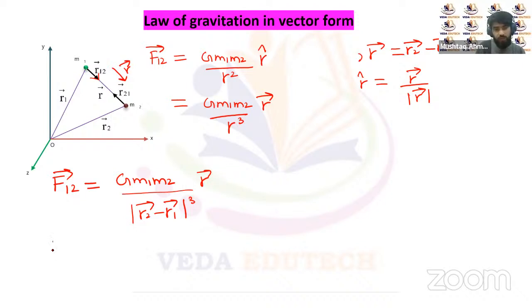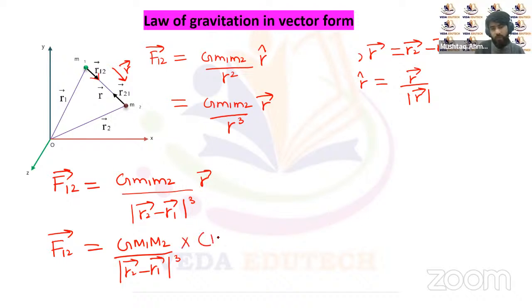So the force F12 in vector form will be G m1 m2 upon mod of r2 vector minus r1 vector cube, multiplied by r2 vector minus r1 vector. This will be the gravitational force in vector form.